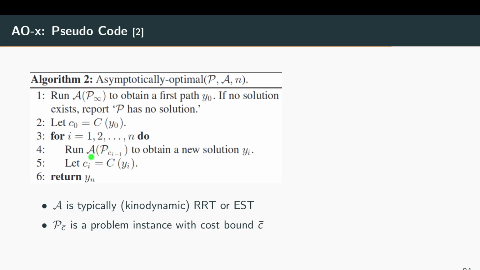And then once we find a new solution, we update our cost bound again, and we repeat. So, very simple, right? Any questions about the procedure? Okay.